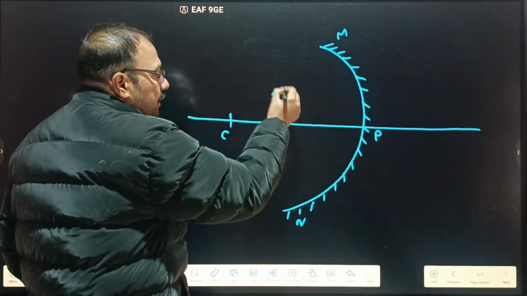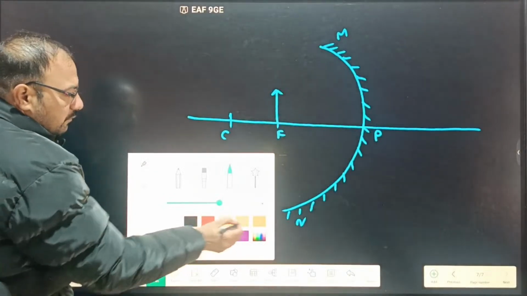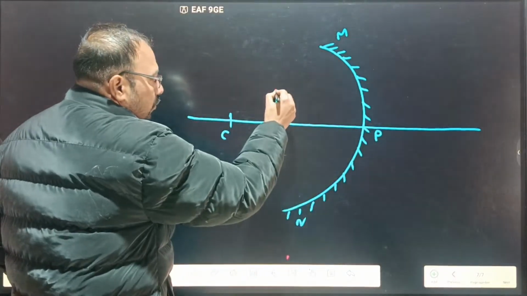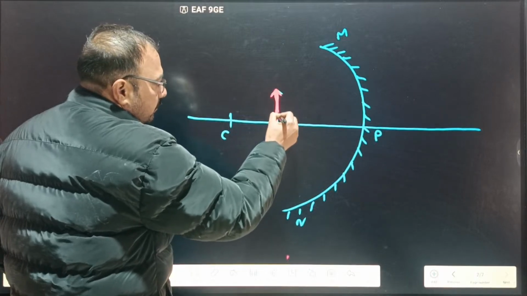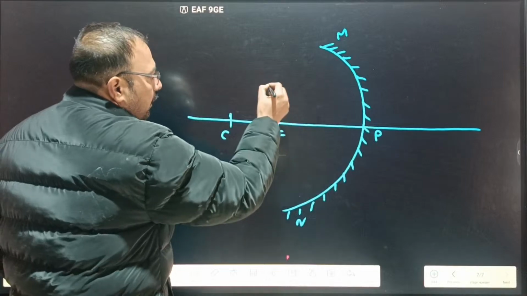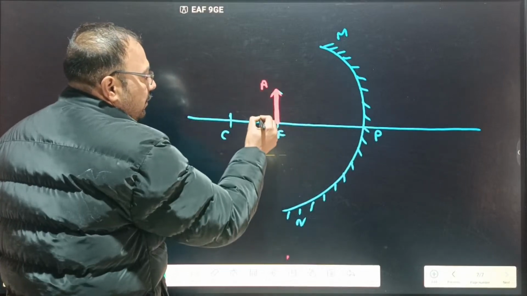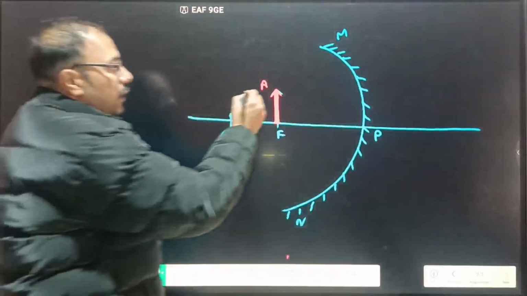So this is basically the object. So we say this is AB. Okay, so here we take two rays, one ray parallel.